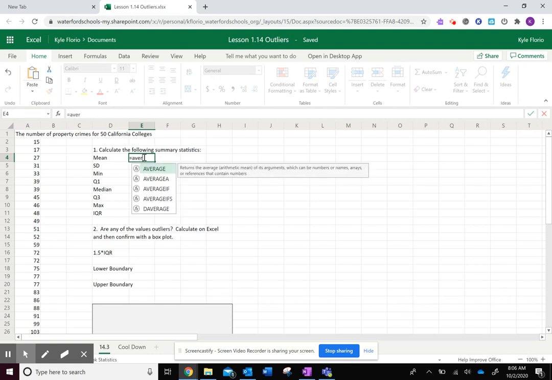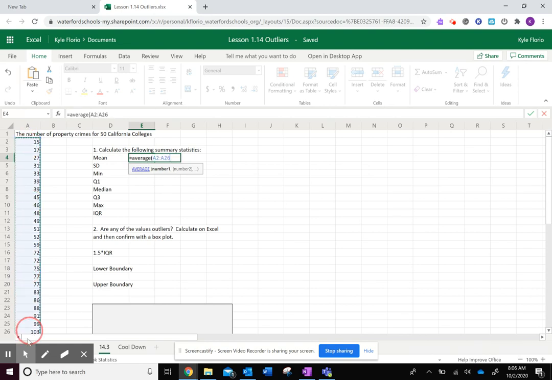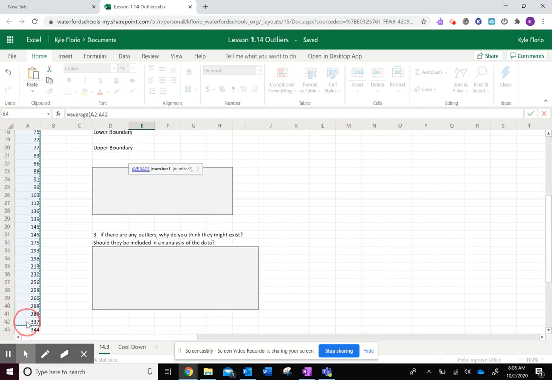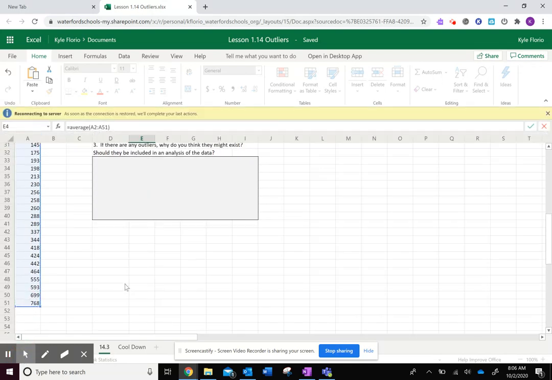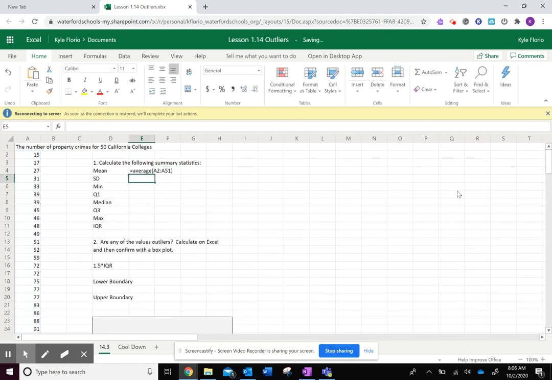So we want the mean, which is the average. So the average amount of property theft in all 50 of these colleges, it's a lot of colleges, is... we're losing a little internet connection.